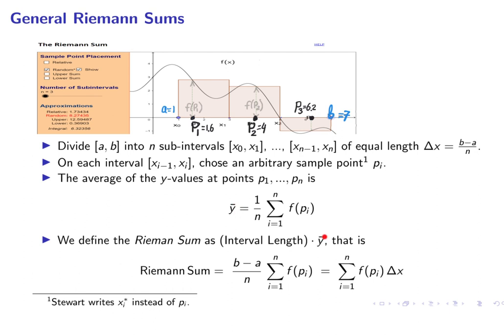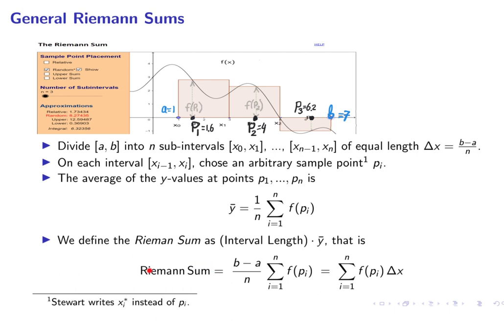And just like the distance traveled is the average velocity times the time length, we are going to define the quantity, the average y value that we just computed, times the total length of our interval AB. And we call this the Riemann sum.